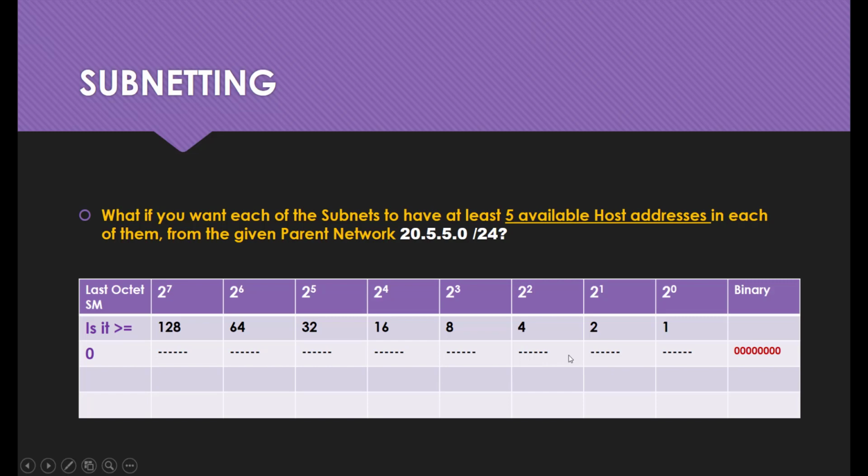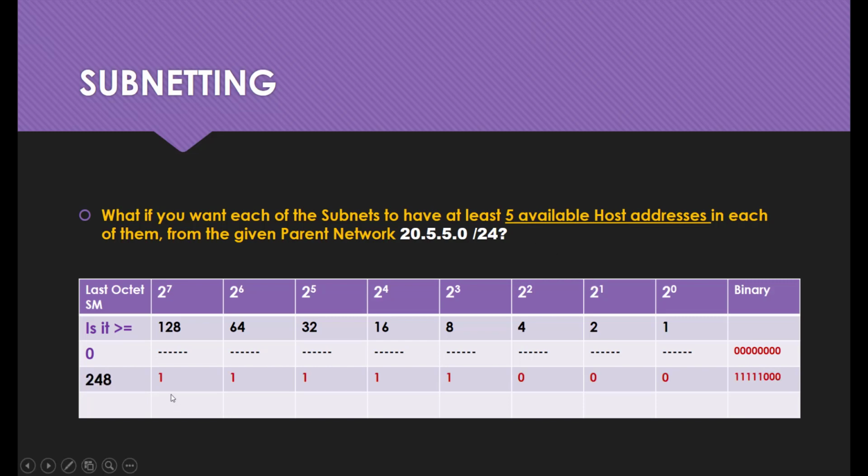Let's try and see what will happen if we have 3 available host bits. So using the formula, it will be 2 raised to the power of 3 minus 2, and that will give us 2 raised to the power 3, which is 8, minus 2 will give us 6 available IP addresses, and that is just above the 5 we require.